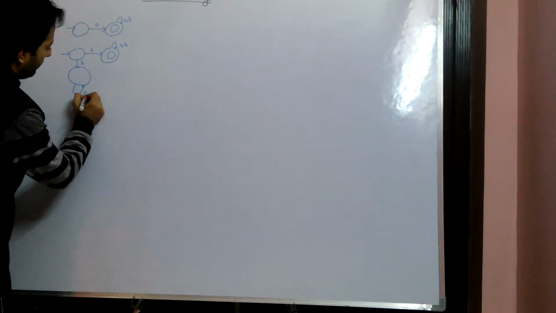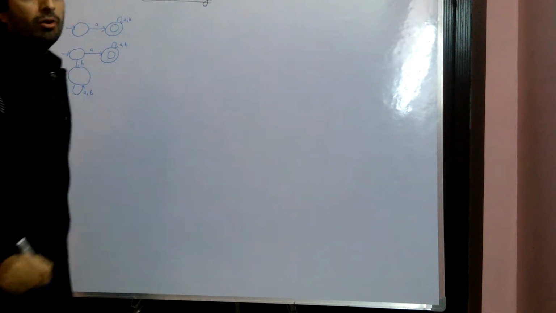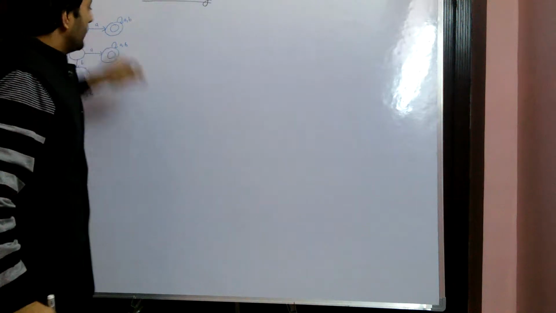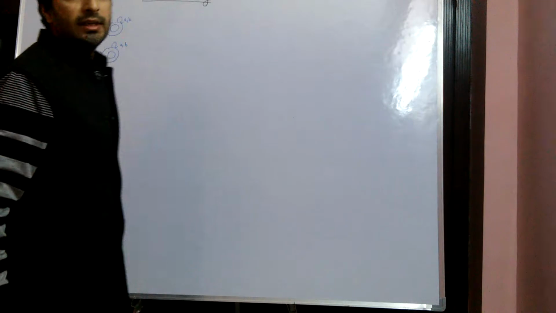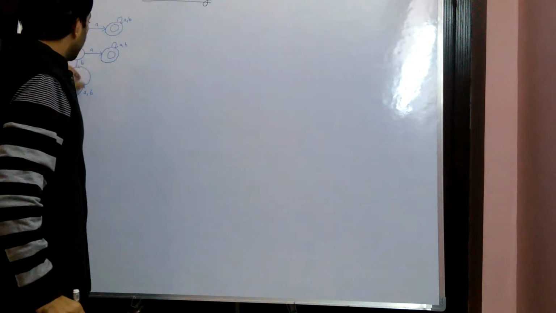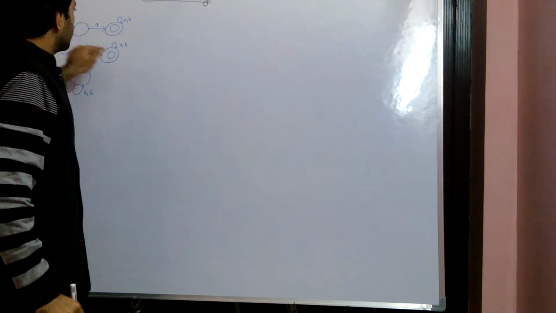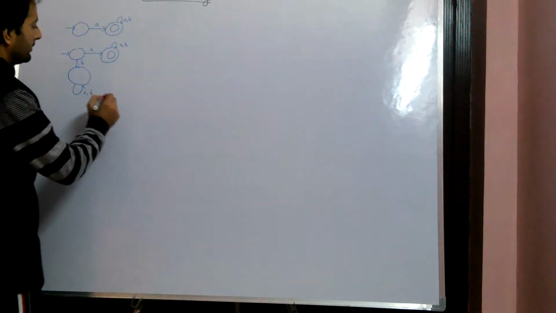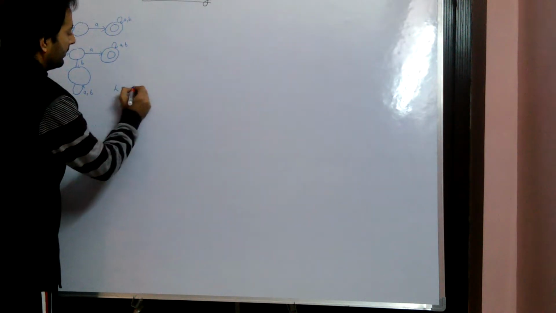After that, if we encounter any A or B, we stay in this state, because now it is not possible for us to reach the accept state, as these strings are violating the condition for belonging to the language specified.